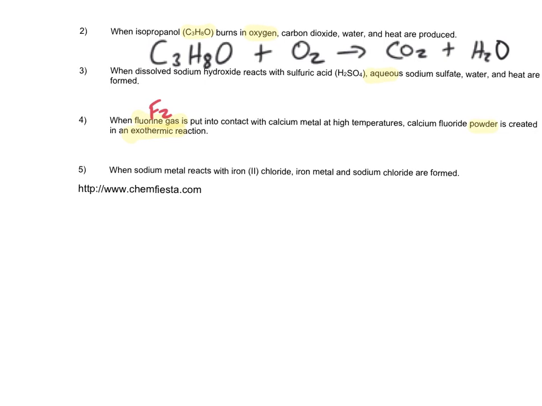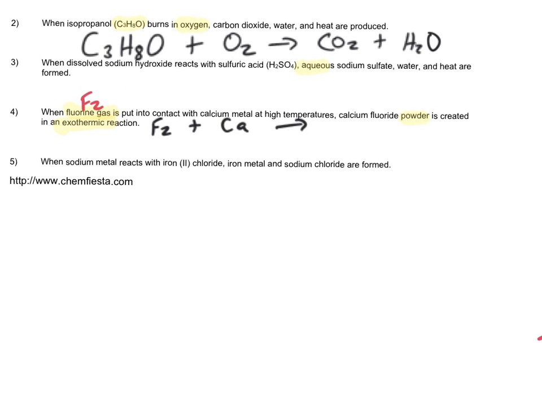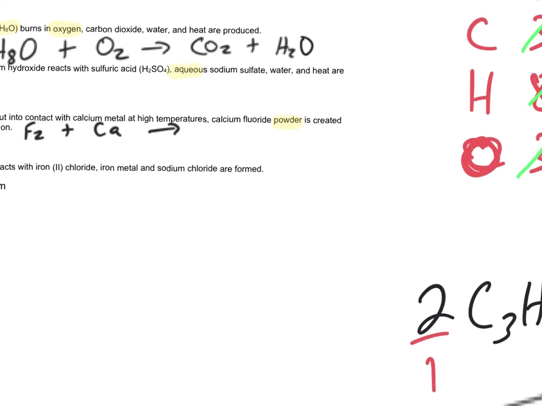I'll do number 4. We have fluorine gas, F2, in contact with calcium metal. So in other words, it reacts with calcium metal. We have calcium fluoride created. That's it. It's just calcium fluoride. I need to know the formula for calcium fluoride. It is a metal to nonmetal, so it is an ionic compound.